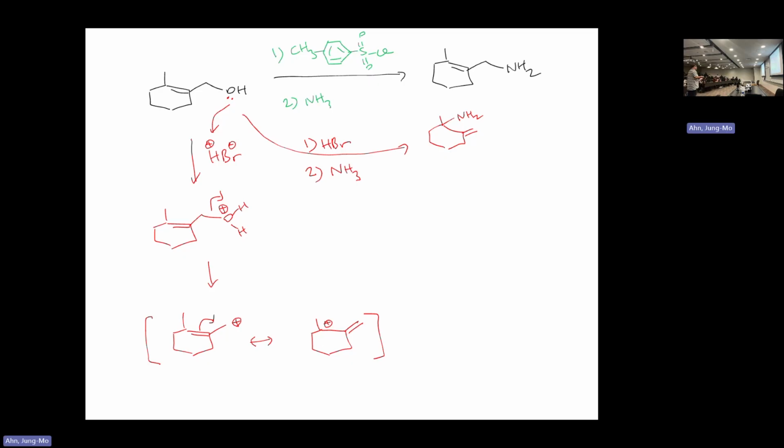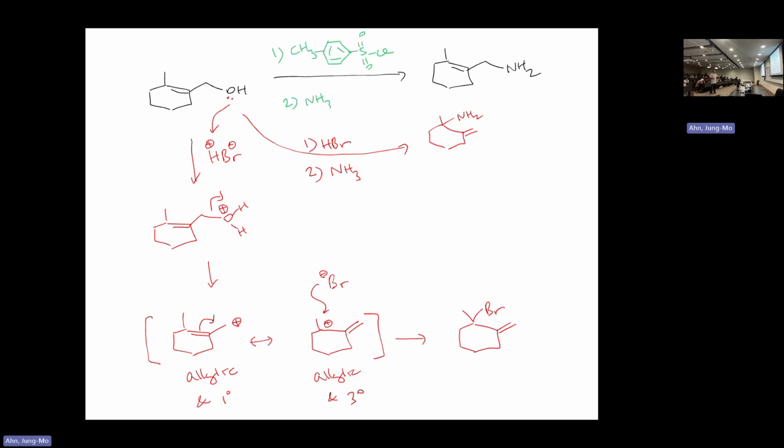But between these two, which one is more stable? This is next to a double bond, so we call it allylic. But this is allylic and primary, while this is allylic and tertiary. So this is more contributing than the other one. So we get the majority this way, and this is the minor. So if this reaction goes, then the bromide will capture that one. You're going to get this as a major.